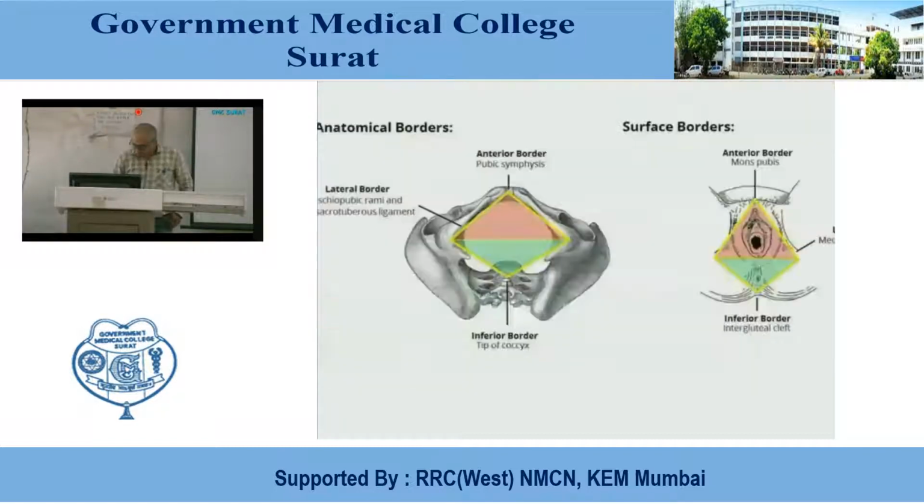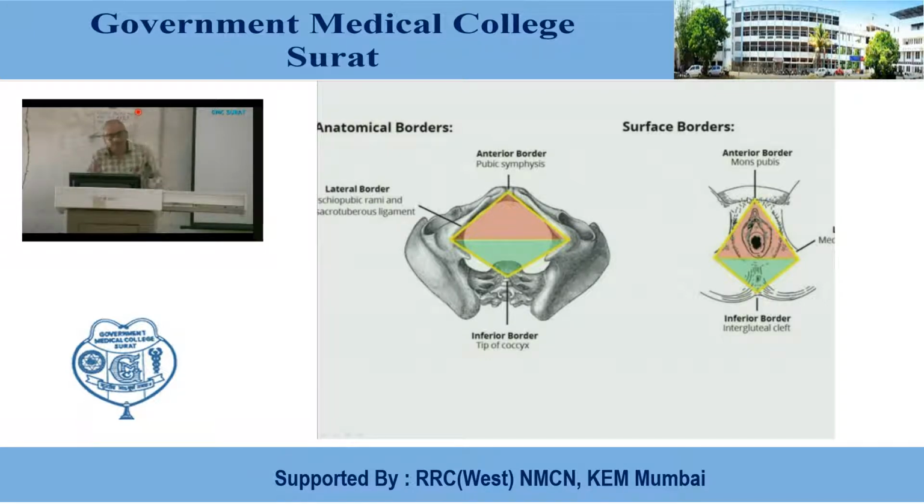Now here in this figure, this is a female perineum that you are observing on the right side. These two are the uppermost parts of the thighs, and this yellow bounded diamond shaped area is the perineum. This is the external boundary of the perineum.